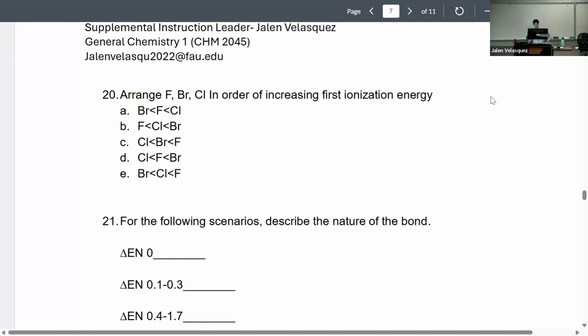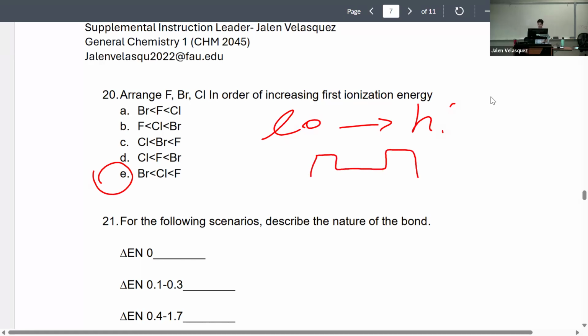All right, so what do we think our answer will be here? Should be E. I'm going from a low ionization energy to a high ionization energy. And remember the trend on the periodic table: it's increasing going left to right and from the bottom to the top. So you just find these elements on the periodic table and use the trend to answer.